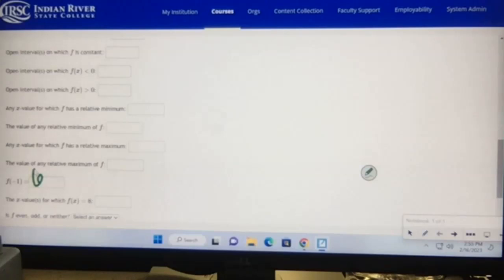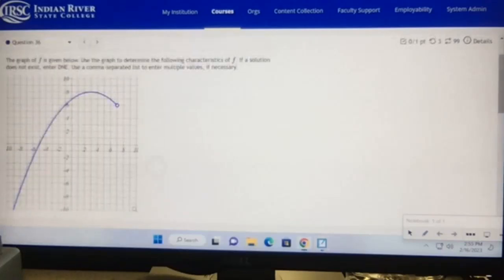Same thing for the next one. It says now the opposites though. So what is the x value for which f of x equals 8? So here it's telling us our y value is 8, but we don't know our x value, so we need to find our x value. Whenever y is 8, here's our point.